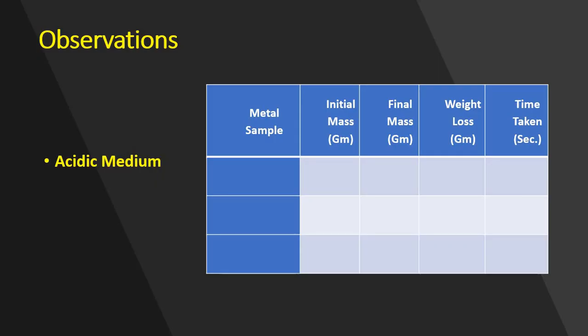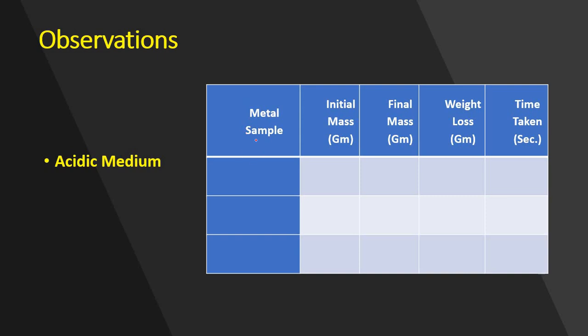There are 3 observation tables we are going to see. One is for acidic medium, then basic medium, and then neutral medium. Now you have to note the initial mass, then final mass and weight loss, and at the last the time taken for the corrosion that takes place in the iron nail.